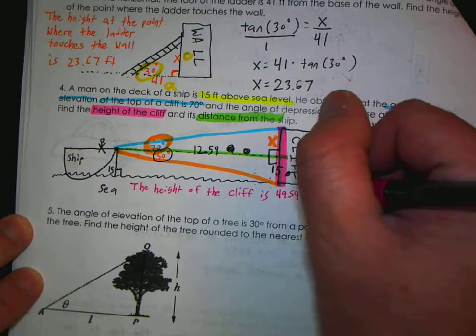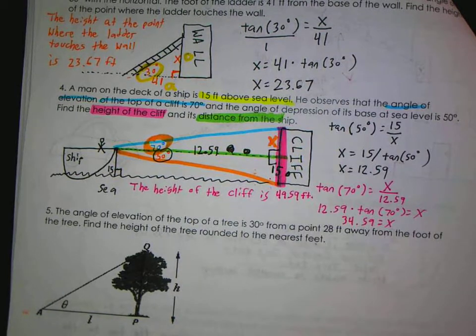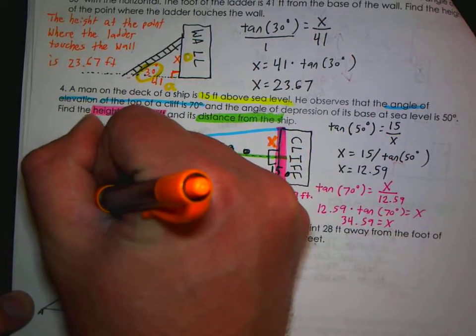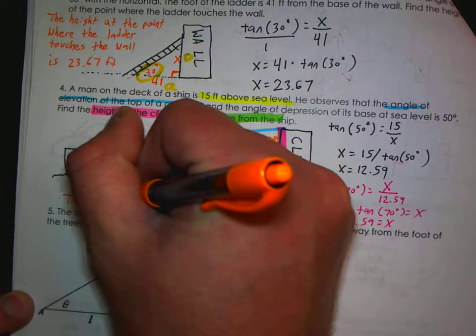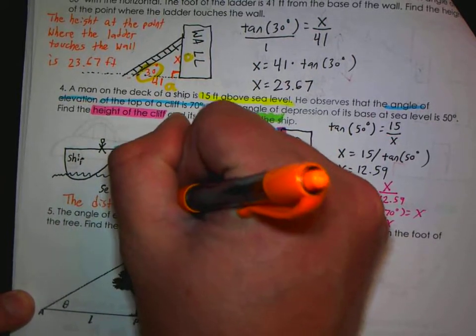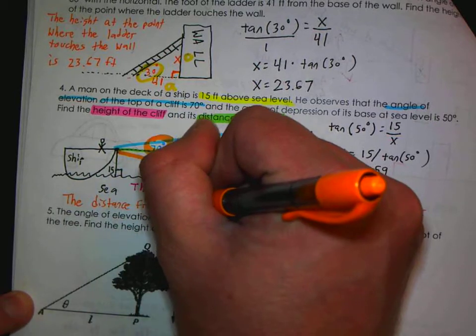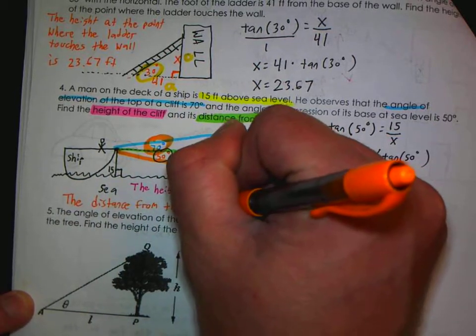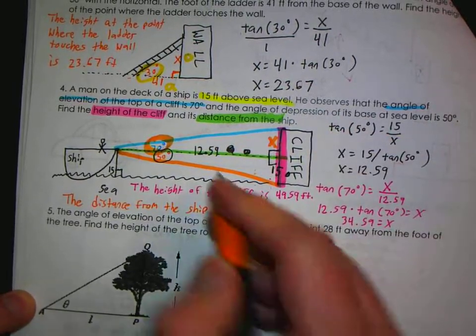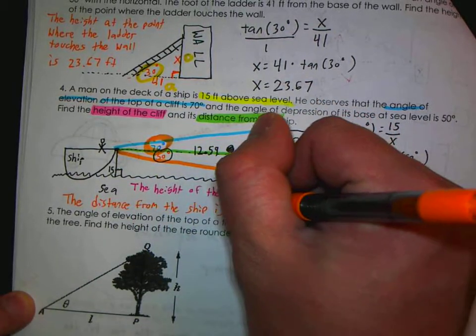And we're talking about feet. And then the distance from the ship is, well, we found that, 12.59 feet.